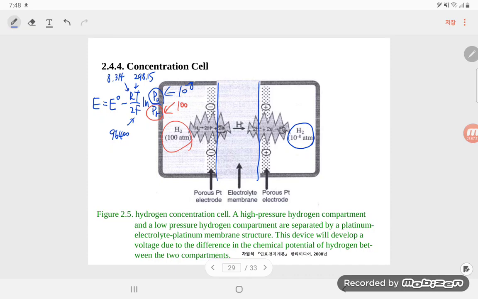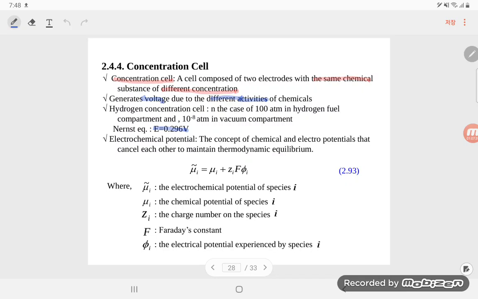If you calculate this, we get 0.296 volt. So this is the meaning of the concentration cell and its working principle.